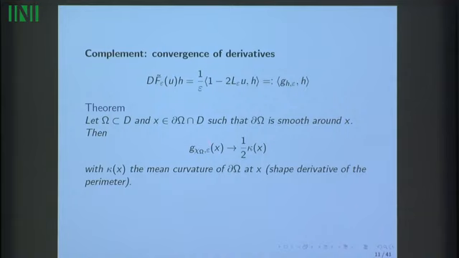So if I have a box D, I have omega here, and I take a point x at the boundary. If I minimize the approximate functional, I will get an optimality condition with this gradient, and this gradient converges at this point to the shape derivative of the perimeter.